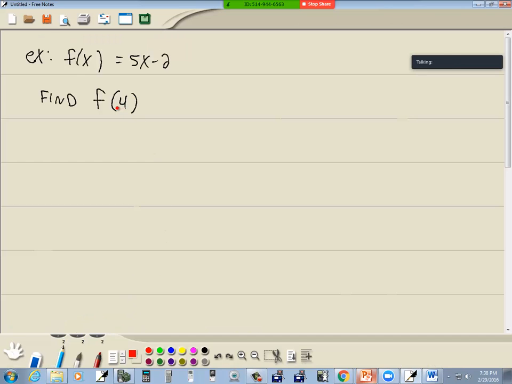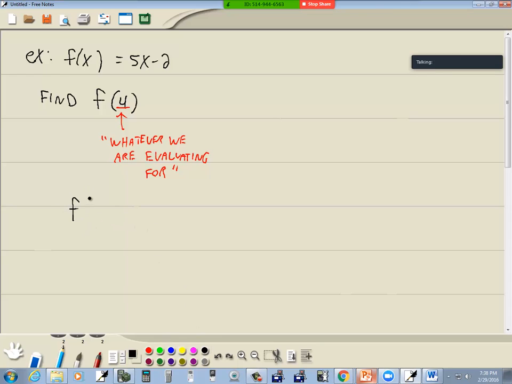Whatever is inside the parentheses right here is going to be whatever we are evaluating for. It's not always going to be a number, it can be anything. And that's what I'll show in the second example.